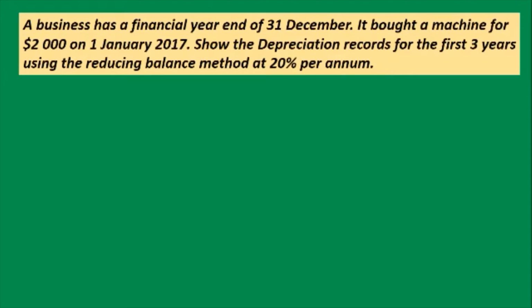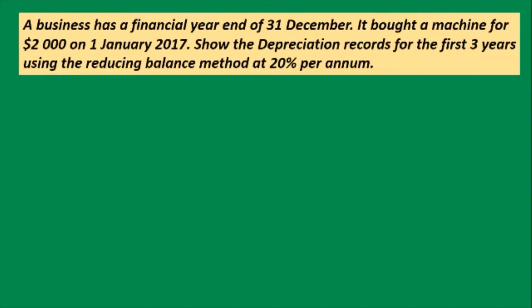A business has a financial year end of 31st December. That's when they close their books and prepare financial statements, their income statement and their balance sheet. It bought a machine for 2000 on 1st January 2017.